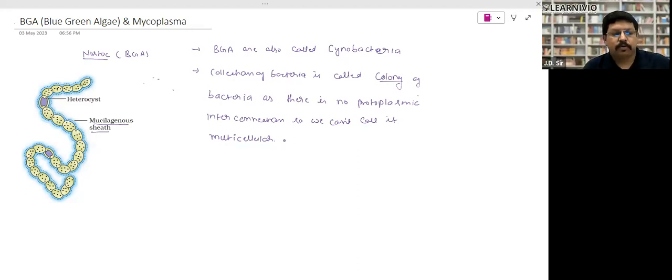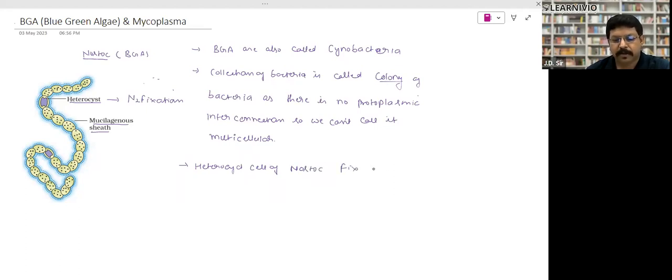Fine. So there are particular kinds of cells. Nostoc has a particular kind of cell. These cells are called heterocyst. What is the function? Nitrogen fixation is the function of the heterocyst cell. So the heterocyst cell of nostoc fixes nitrogen from air into soil.